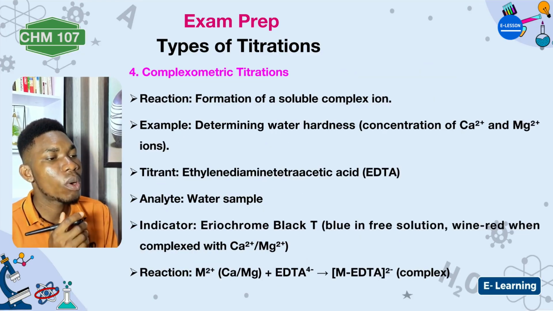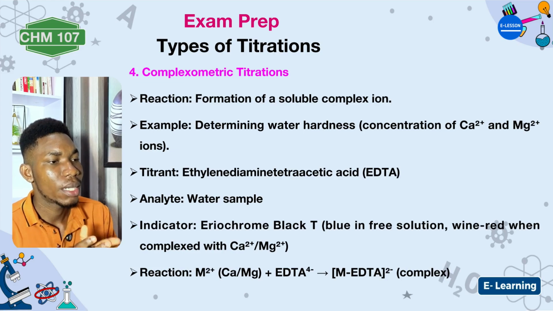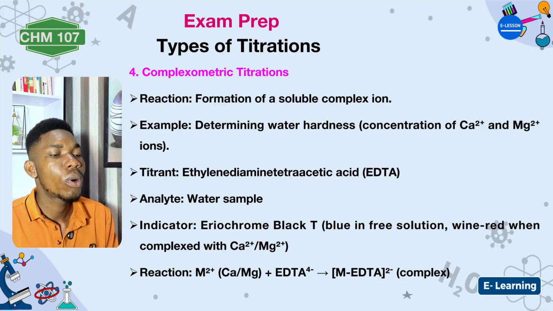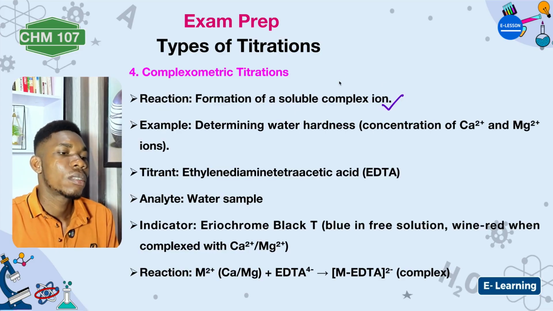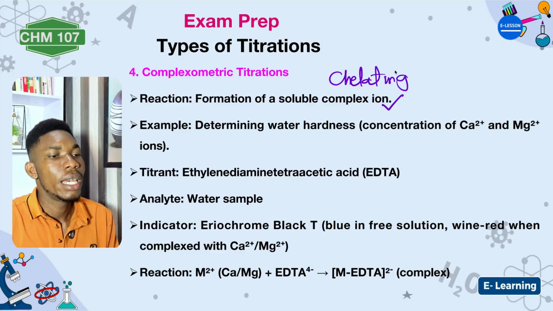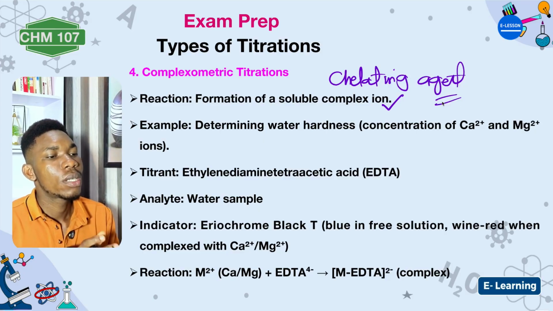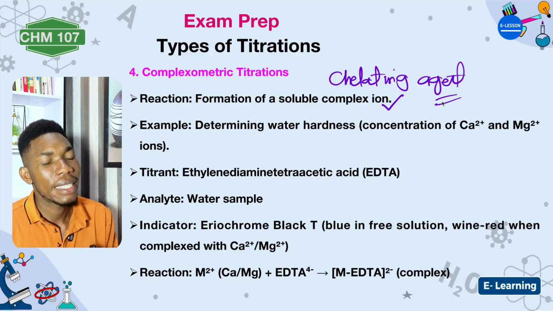Then the next one is complexometric titration, my dear student. Now, complexometric titration leads to the formation of a soluble complex ion, using what we call a chelating agent. It forms a soluble complex ion. They are soluble. Now, for instance, the determination of water hardness.